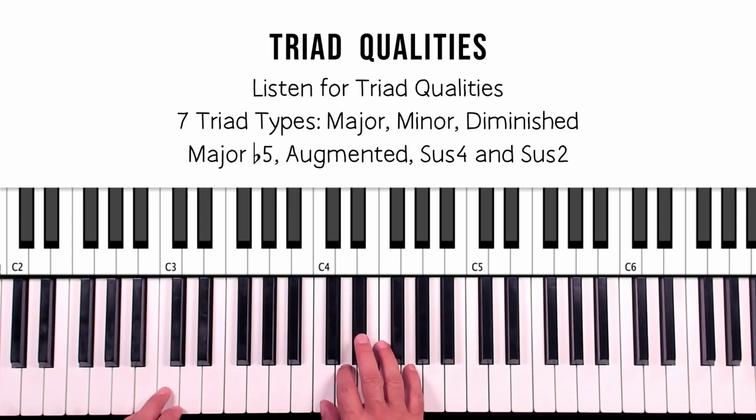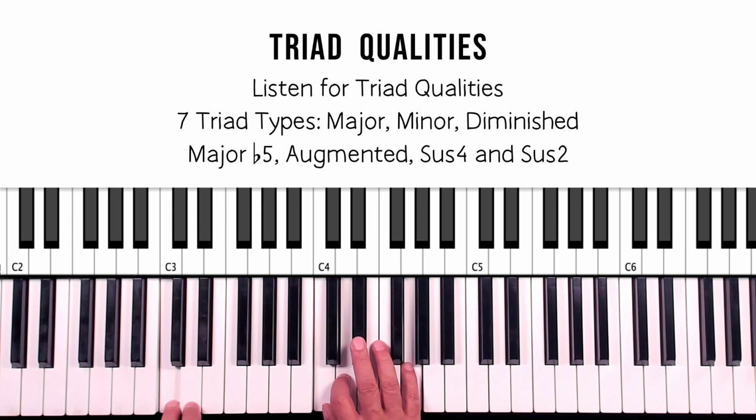Yeah, so I'm using the term very freely. I may use the term instead of the third of the triad, the middle note. But I think the third of the triad will also be okay.